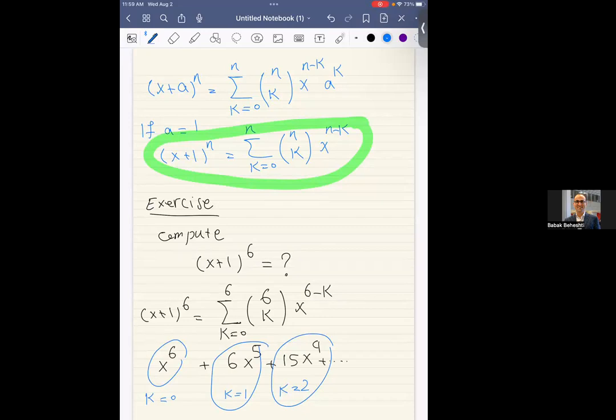Because 6 minus 0 is 6, right? So you put this as the k equals 0 term. This is the first term, the second, third, fourth. Is this process clear? Yeah? How about you, Alex? Your name? Diana?